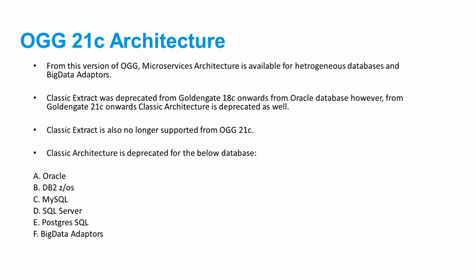Classic extract is no longer supported from Oracle GoldenGate 21c. So in 18c and 19c GoldenGate, classic extract was deprecated, but from 21c onwards, it is no longer supported at all. So classic architecture has now been deprecated for the below databases: Oracle, DB2 z/OS, MySQL, SQL Server, PostgreSQL, and big data adapters.